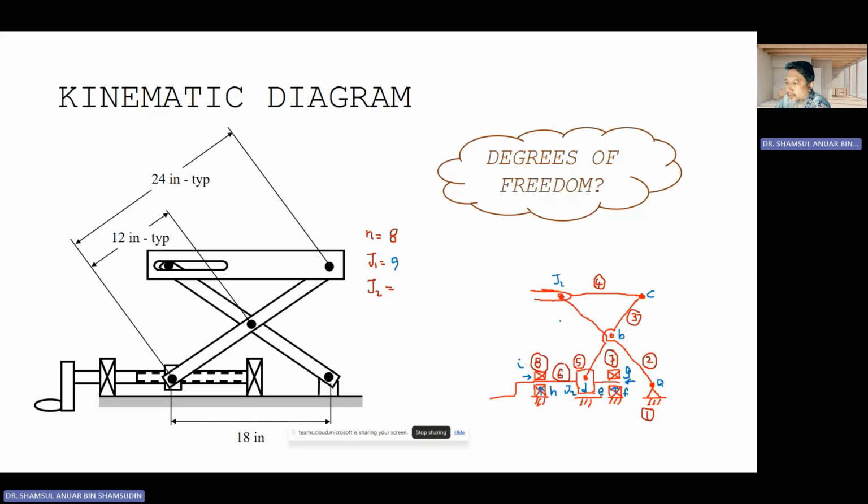And we have two J2s, one for the pin in slot, another one for the screw between the nut and the screw. So that will be a 2.